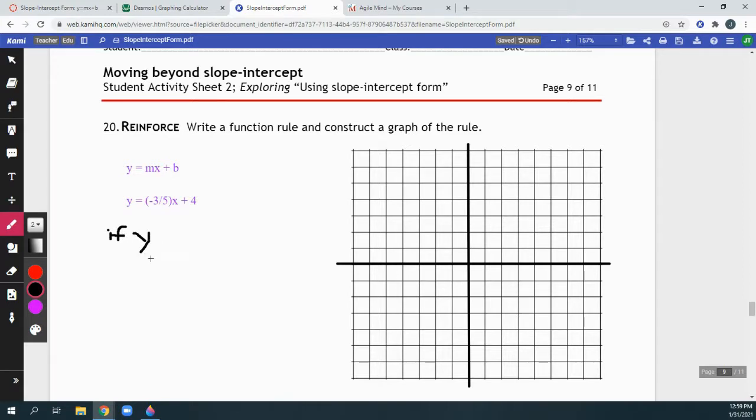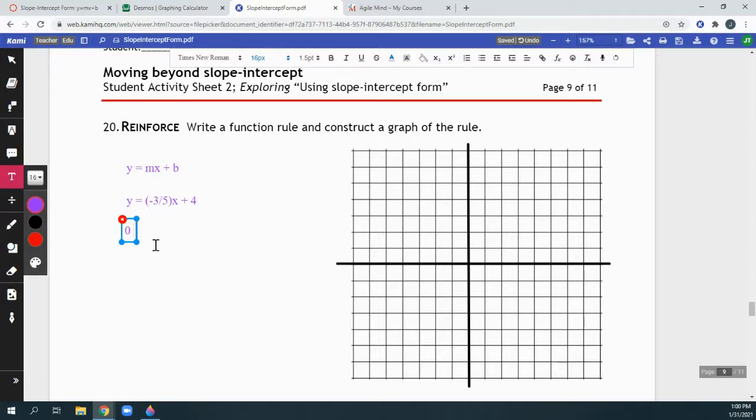I know, for example, that if I plug in 0 for x, I'll get y equals 4. Now you can go through that and find out that that's true. Perfectly okay. But I guarantee you it's true.